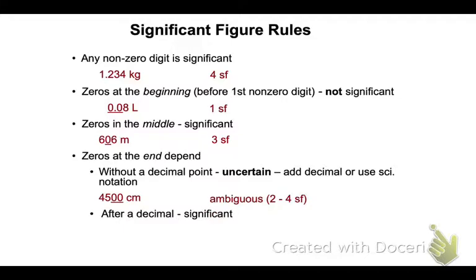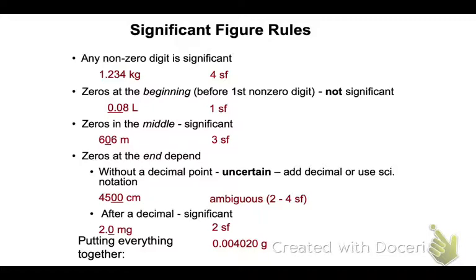Now, after a decimal, any digit is significant. So in 2.0, that 0 is definitely significant after a decimal point, and therefore you have 2 sig fig. And putting everything together, if you look at this measurement, all the zeros at the beginning of the number are not significant, but all the digits after that are significant.